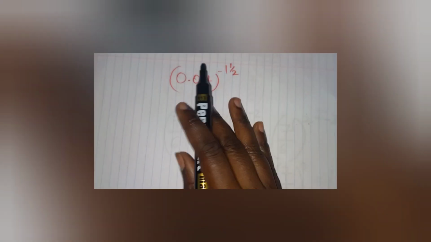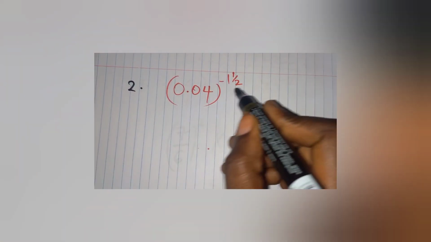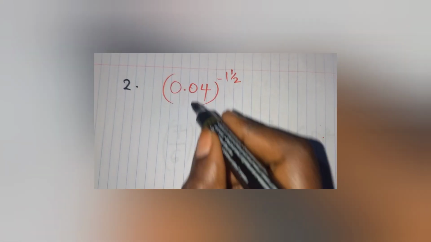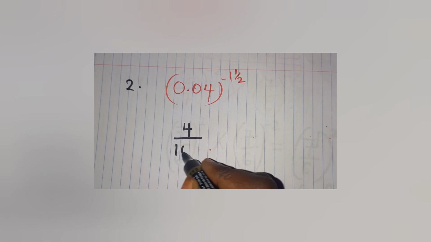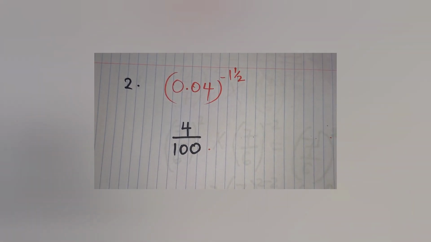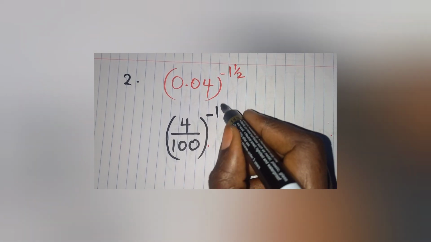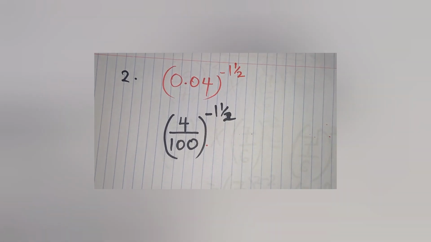So let's look at example 2. In this example 2, we are going to write this one in fraction form. That will be (4/100) raised to power negative 1 1/2.